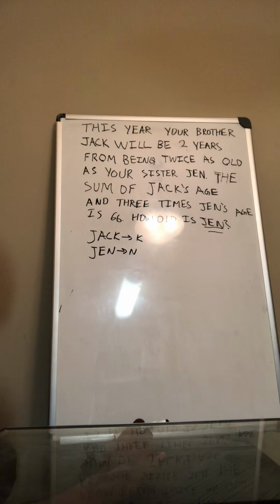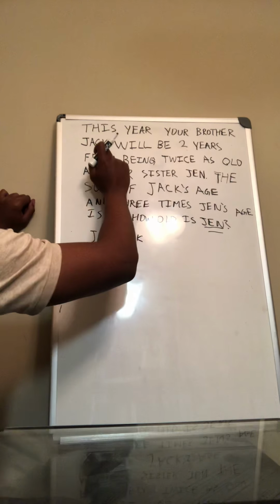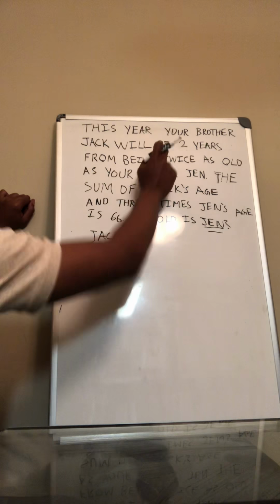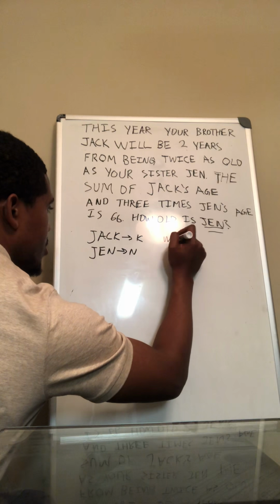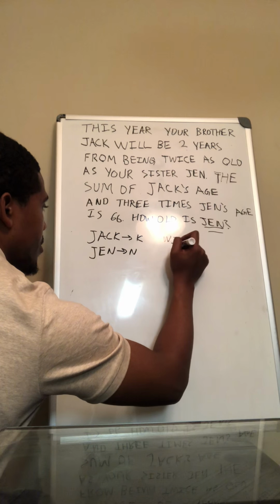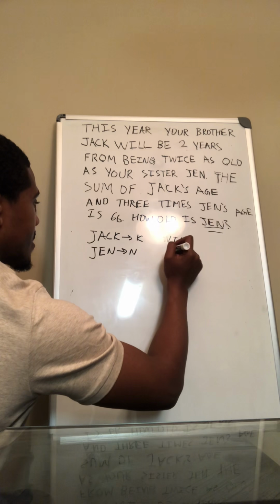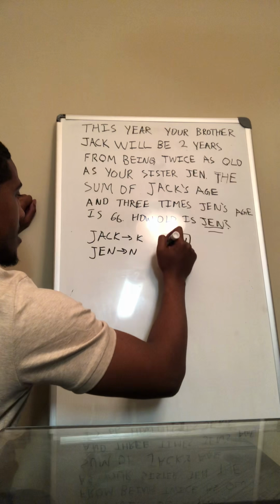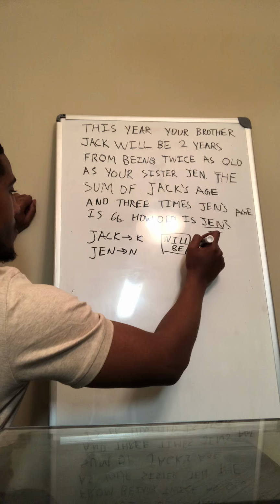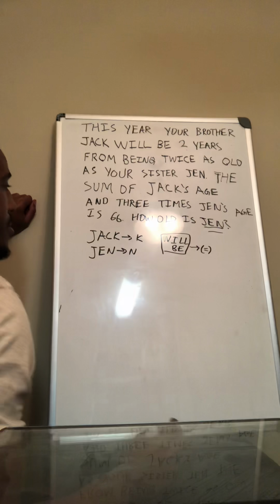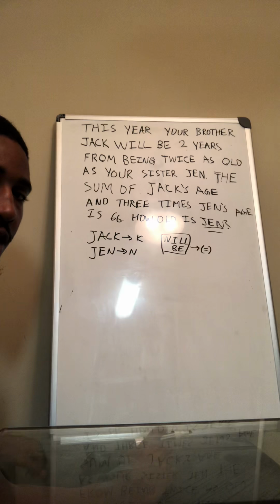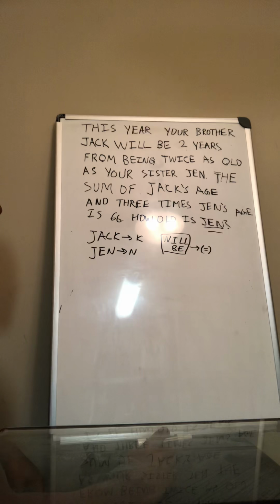So let's break down our math language here. We say that this year, your brother Jack will be. The term "will be" implies not only that we're solving for Jack, but that Jack will be equal to the equation.